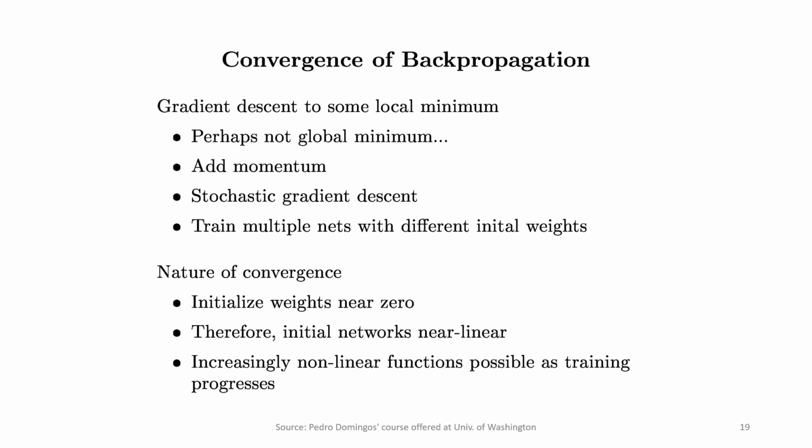Regarding these initial weights, which is also described in the next bullet here, nature of convergence, this will also be important. Typically, we initialize the weights of these networks close to zero, and the idea is that when we are close to zero, the dependence on the input is very mild, right?